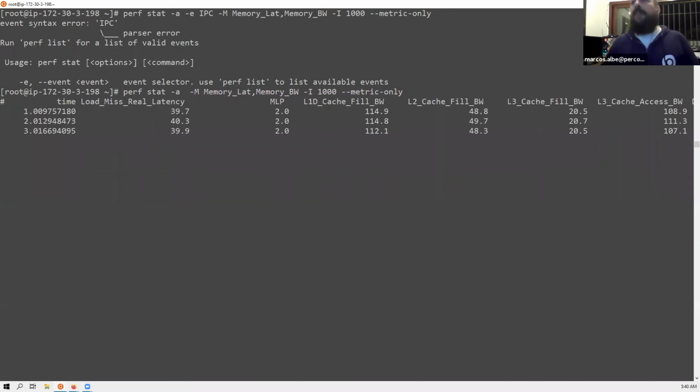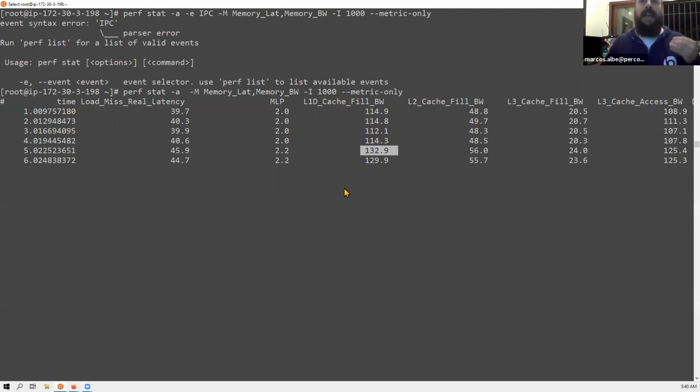You can see now it's doing quite a bit more bandwidth. So it's starting to actually become memory bound. So it's no longer only IO bound as it was before. It's starting to become memory bound.